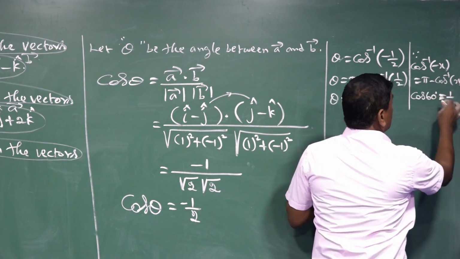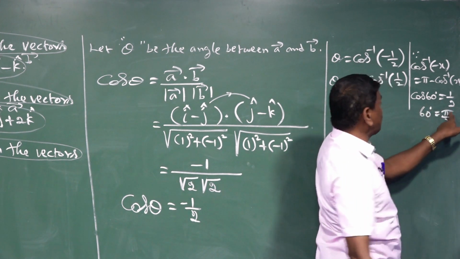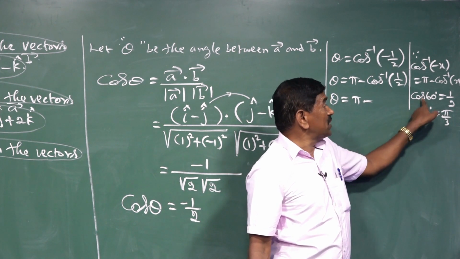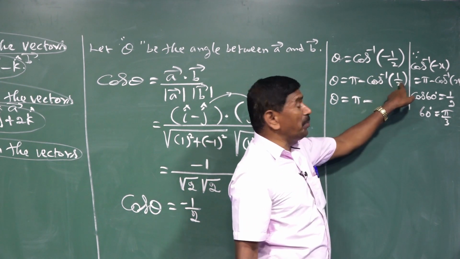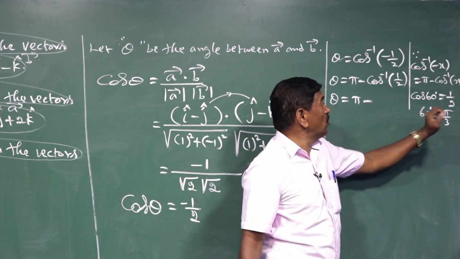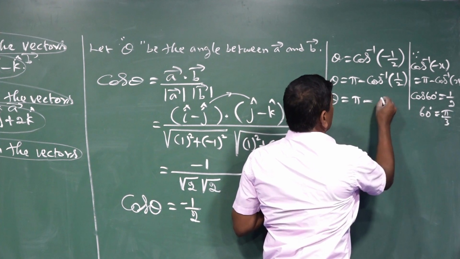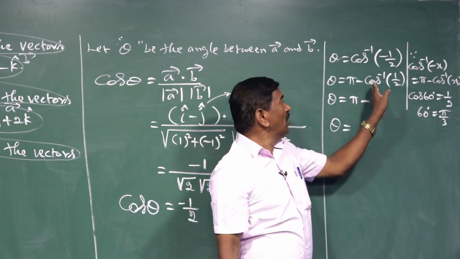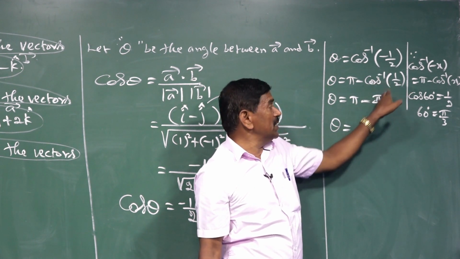We know that cos 0 is 1, cos 30 is root 3 by 2, cos 45 is 1 by root 2, cos 60 is 1 by 2, cos 90 is 0. So the cos ratio gives 1 by 2 for 60 degrees, where 60 degrees is equal to pi by 3, because pi is equal to 180, and 180 by 3 is equal to 60. That is, cos inverse of 1 by 2 is equal to pi by 3.